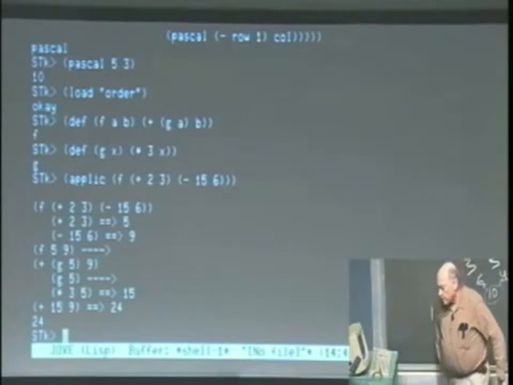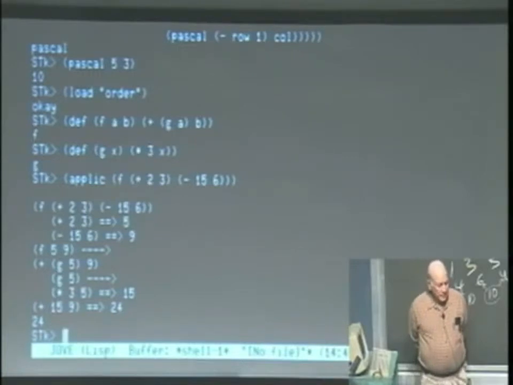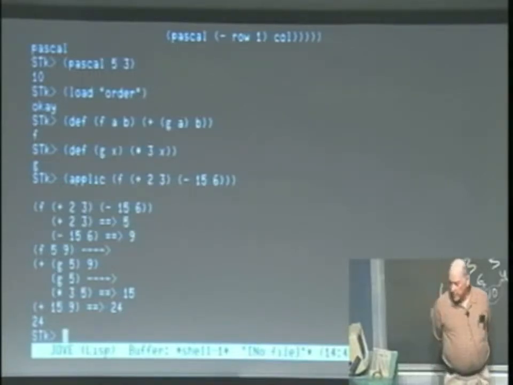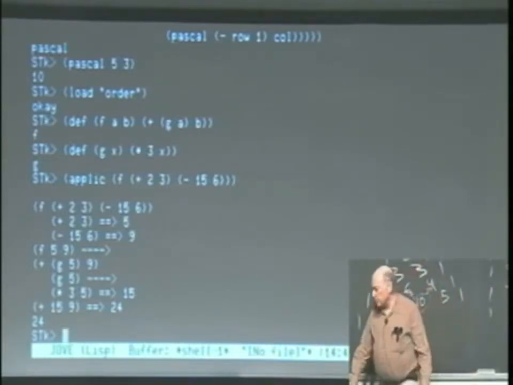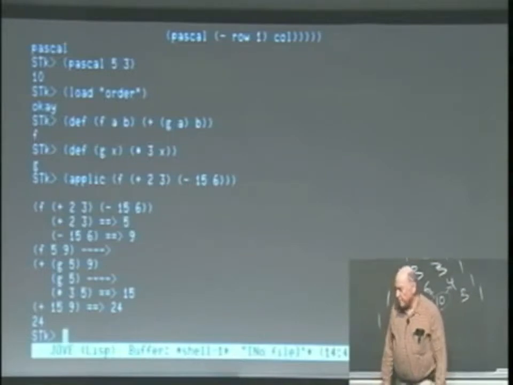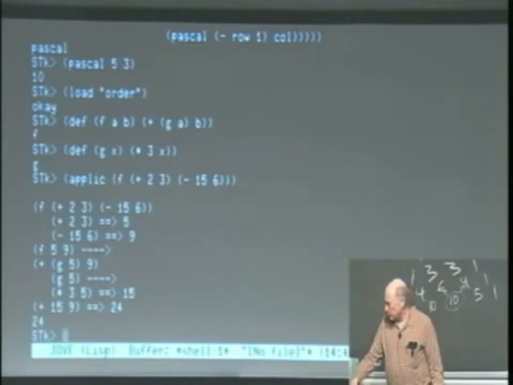Okay, so here's what happened. First, we evaluate plus 2, 3. I'm leaving out some steps here because primitives we're just doing by magic. So plus 2, 3 gives the value 5. Minus 15, 6 gives the value 9. So now I substitute those values into the call to f.